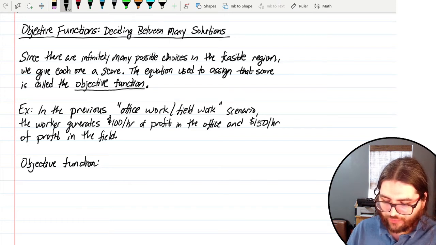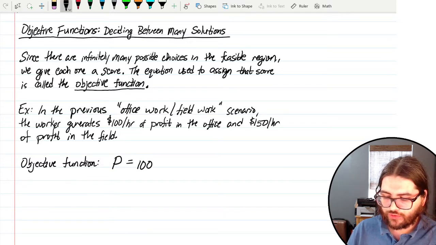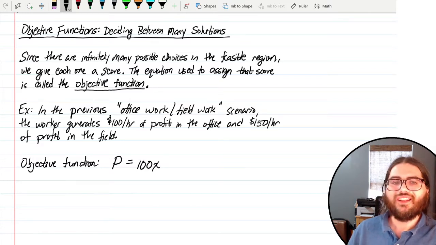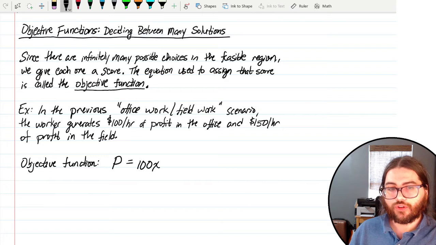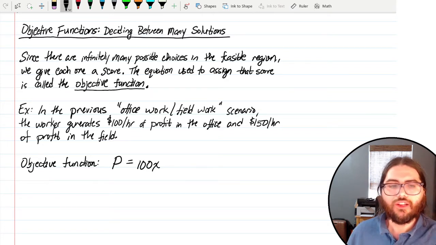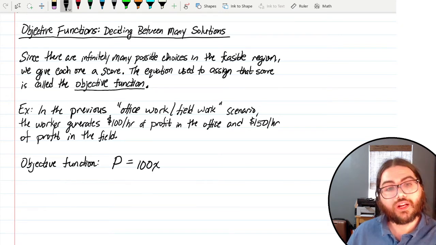The amount of profit that I make, P, is equal to $100 times the number of hours that I work in the office. You notice how X is the number of hours I work in the office. 100 would be the dollars per hour. If you were to treat this like a physics problem, dollars per hour times hours would equal a number of dollars. It would work out.